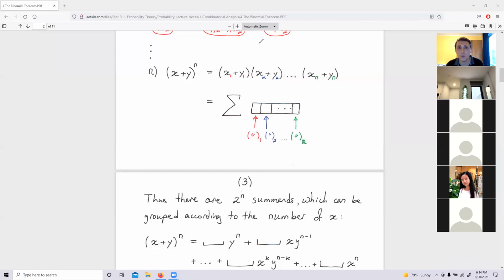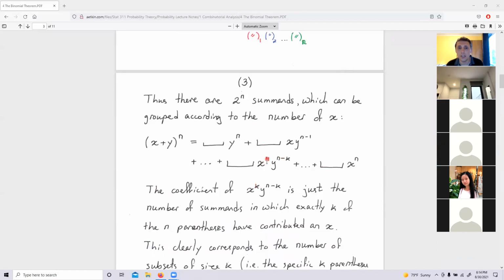Very good. Now, what is the general situation is what we are trying to understand. What's the coefficient here next to x to the power of k, y to the power of n minus k? Do you see what happened here, guys? X to the k, y to the n minus k. What's the coefficient? Can you tell me?